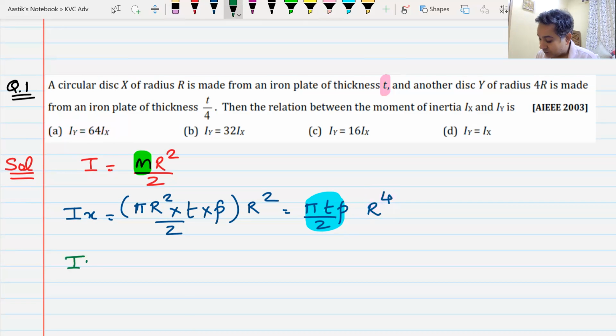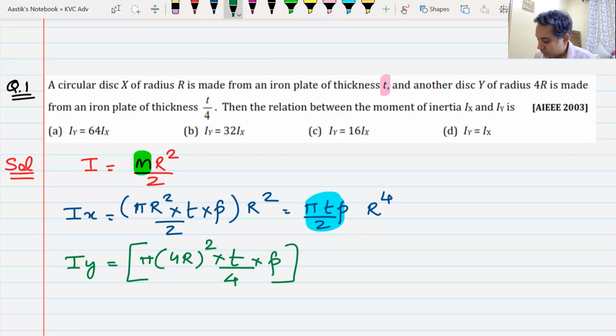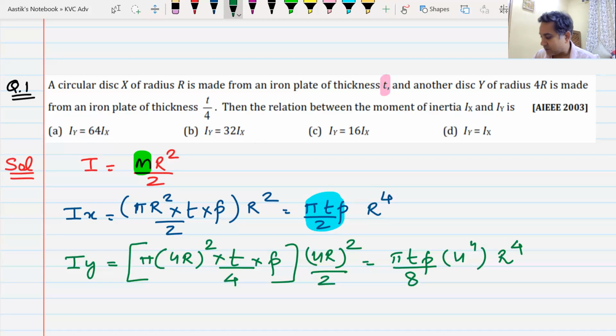Now we'll find it for the disk y. Radius is 4r, so pi into 4r square into thickness t by 4, multiplied by rho, into 4r whole square by 2. So I was making the same mistake as you were making. Now I have pi t rho by 8 into 4 raised to the power 4, r raised to the power 4.